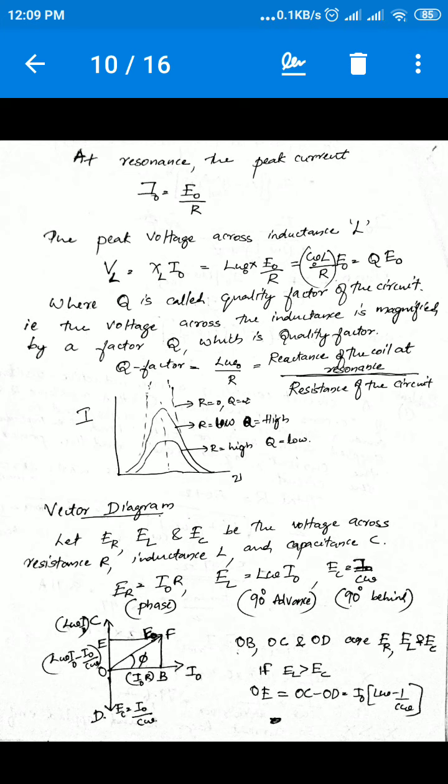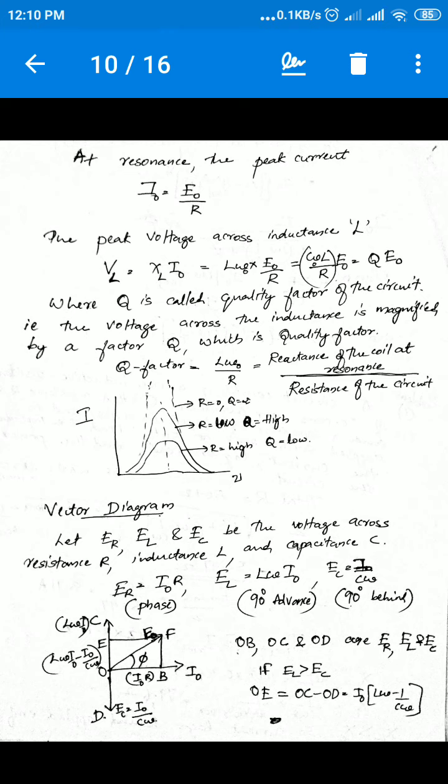And at R equal to 0, we know that Q will be infinity. And we have shown in the figure the graph, where on the x-axis we have frequency and on the y-axis we have current. The current will be infinity when R is equal to 0, and when R is low, Q will be high, and at the resonance frequency you will have the maximum current.